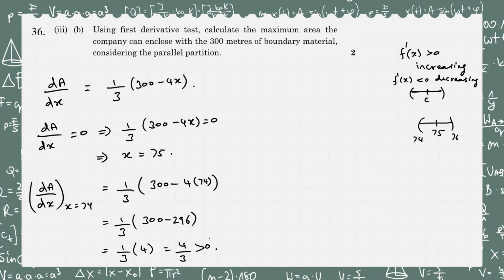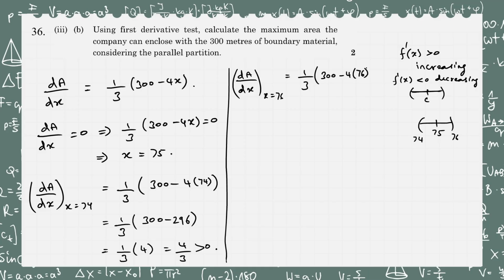So f dash is greater than 0. I mean the function is increasing on the left side of 75. Correct? Now let us check the nature on the right side of 75. So for that, let us take dA by dx value when x equal to 76. So that will be 1 by 3 into (300 minus 4 into 76).